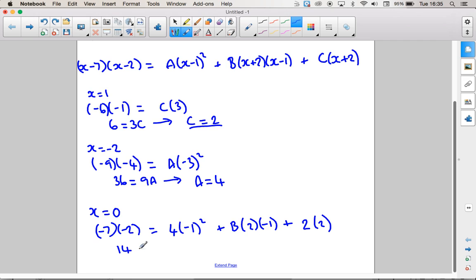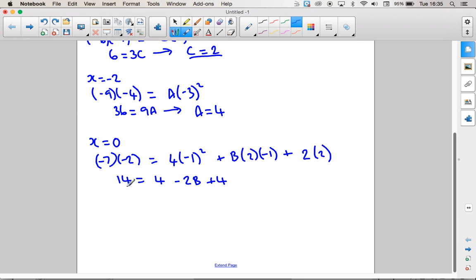So I've got 14 equals, minus 1 squared is 1, so equals 4 minus 2B plus 4. Which means I've got 14 equals 8 minus 2B. So 6 is negative 2B, therefore B is negative 3.